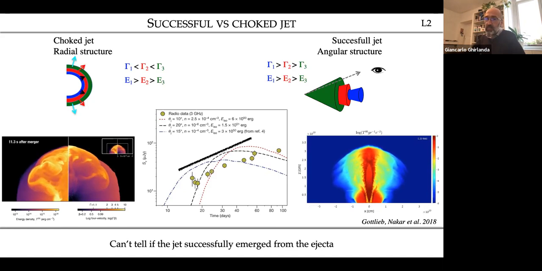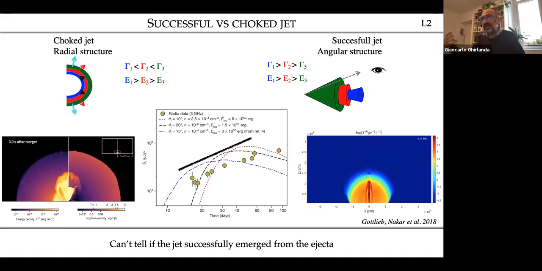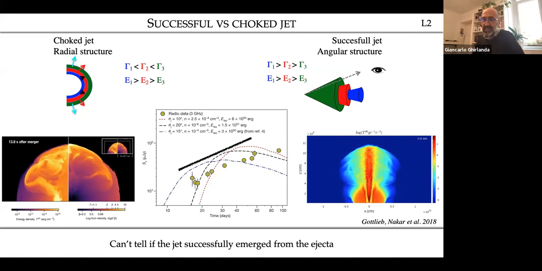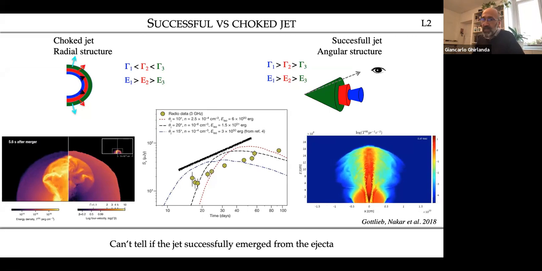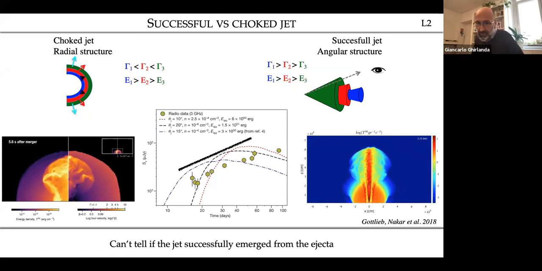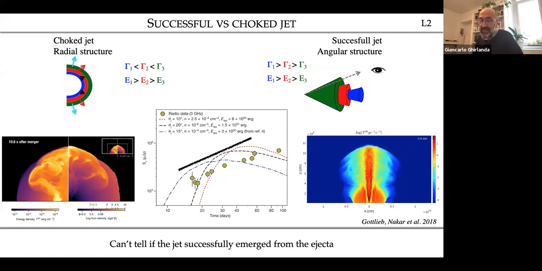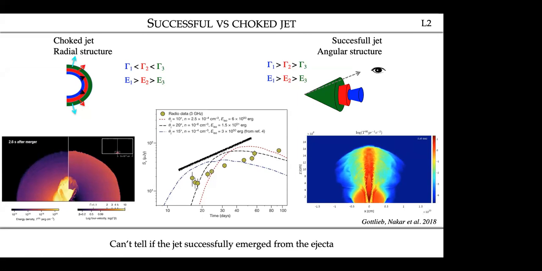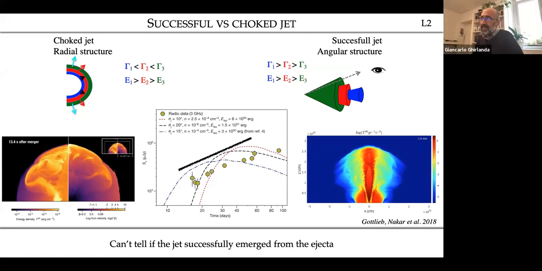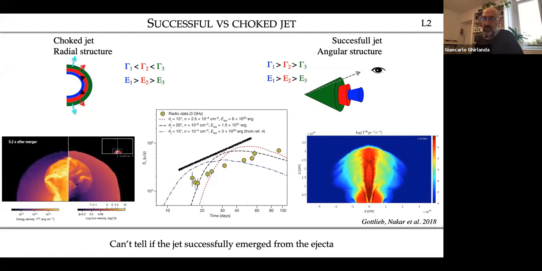And in that case, probing the structure of the jet is a challenge, because you cannot distinguish that from a uniform jet, because you are just seeing basically the core, even if the structure of the jet is not that much dissimilar from a uniform jet.